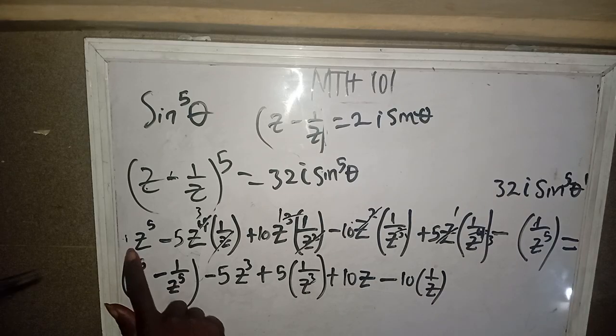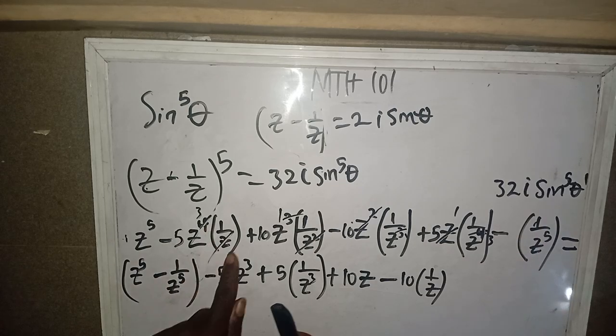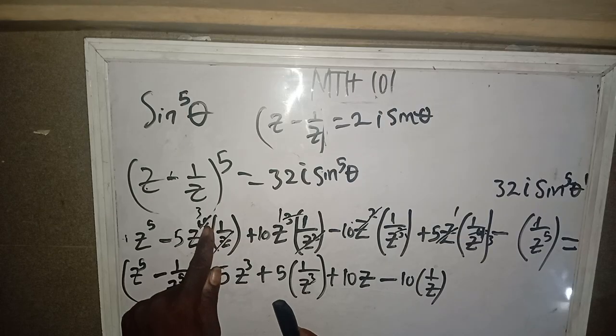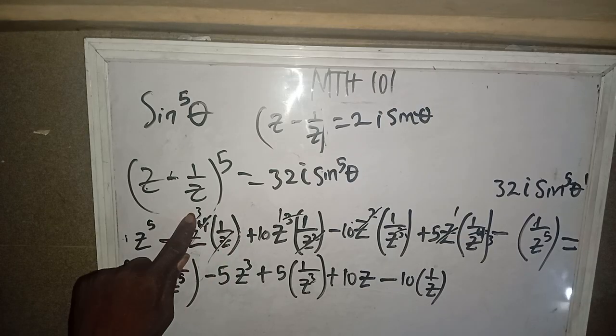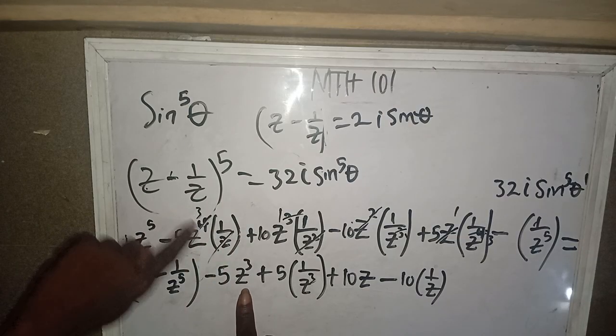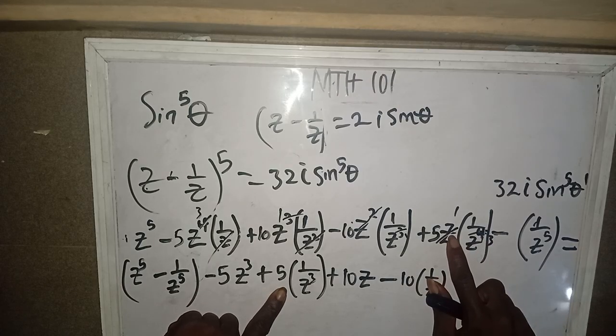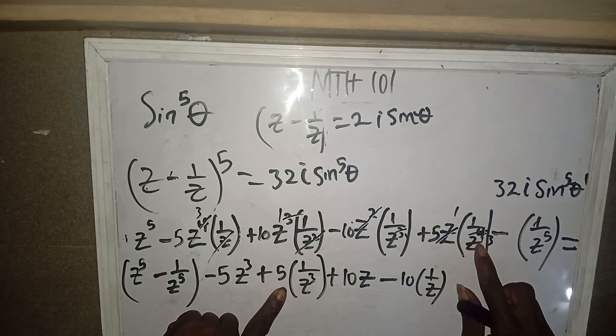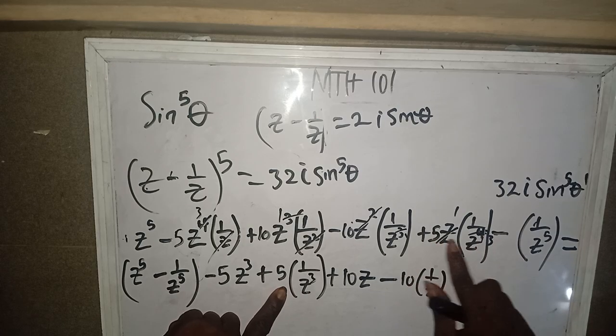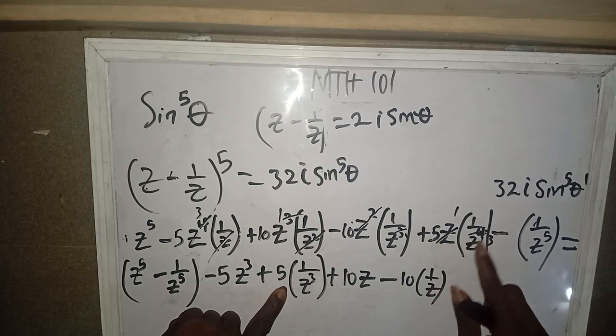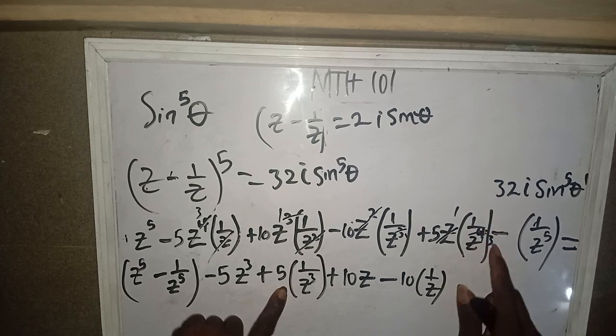So z5 minus 1 over z5. This is z4. This is z. 1 z will be removed from this. This will cancel 1. You have z cube left here. Minus 5z cube plus, this is z4 here. Then you have 1z here. 1 will remove 1 from here, so you have 3 left here. 5 times 1 over z cube.